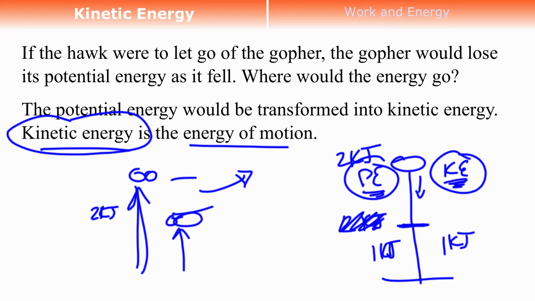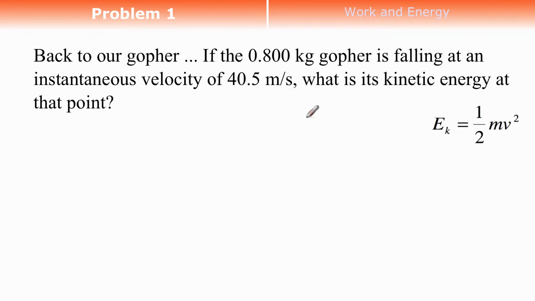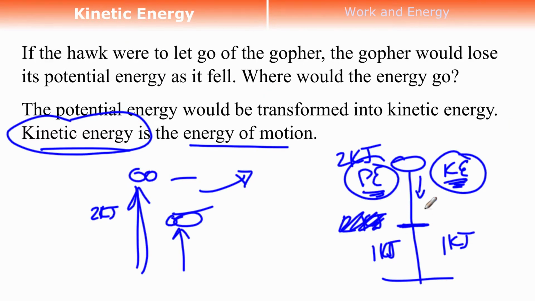Let's take a look at a formula for kinetic energy. Kinetic energy is equal to half times the mass times the velocity squared. And this would be the instantaneous velocity. Let's get back to our gopher. So if it's falling and it has an instantaneous velocity of that, notice when that gopher would be falling, it would get going faster and faster, right?